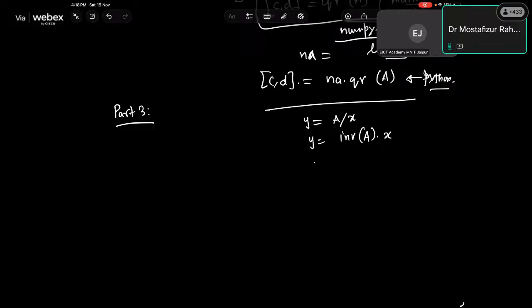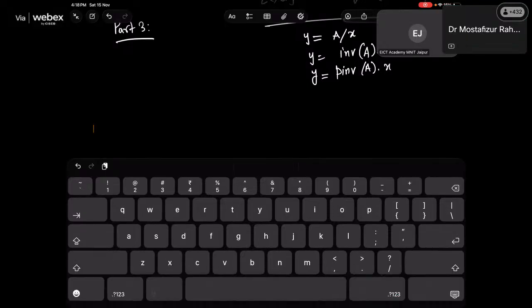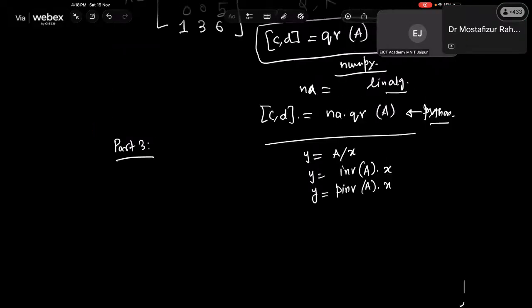But if you want the least squares solution, you can write the command line as pinv of A, the pseudo inverse of A, times X. I wrote it the opposite way, so it should actually be something like this.